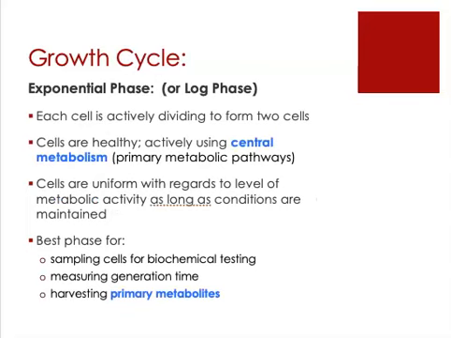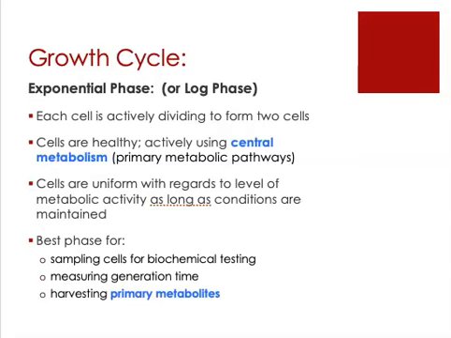Then, of course, we enter the exponential phase. Each cell is actively dividing at this point. So you're going from one cell to two with each one of those parent cells. During the exponential phase of the growth cycle, the cells are really at their best.